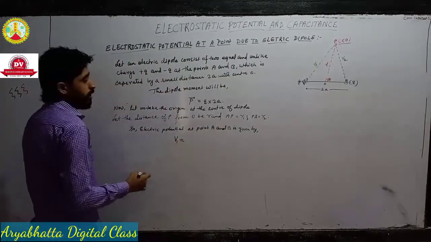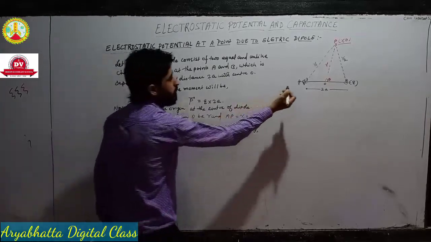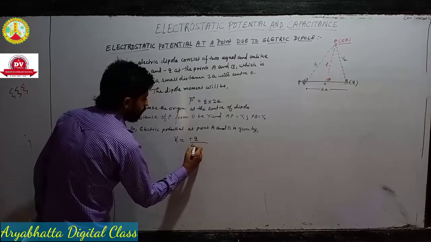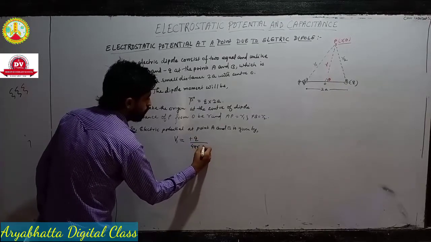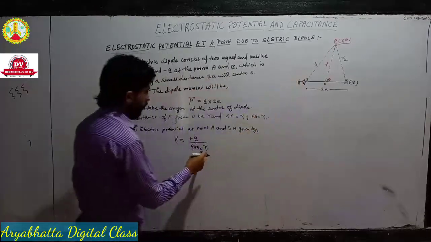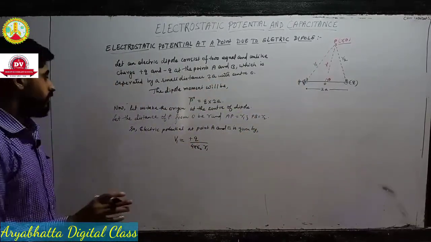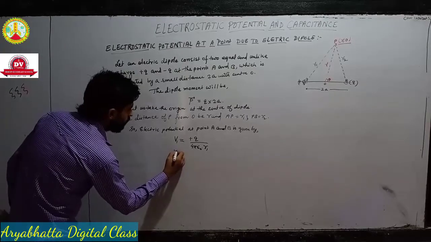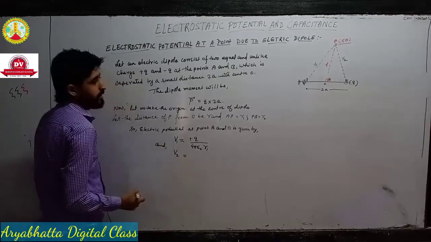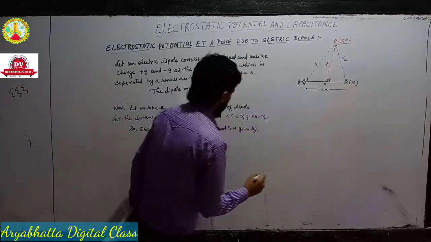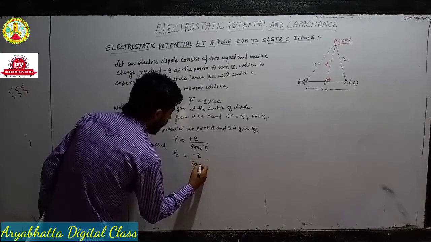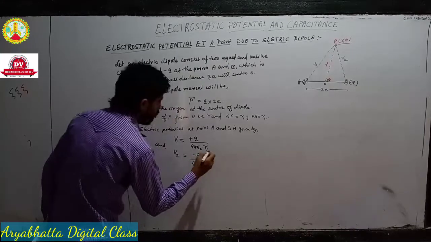So V1 is equal to what? See what is the charge here? Plus Q, so plus Q by 4 pi epsilon naught into R1. The distance is R1, so I have just put it here. Fine. Now similarly we write here, and V2 will be how much? See what is the charge here? Minus Q, so we'll write minus Q by 4 pi epsilon naught into R2.